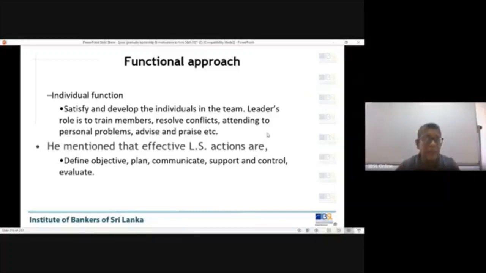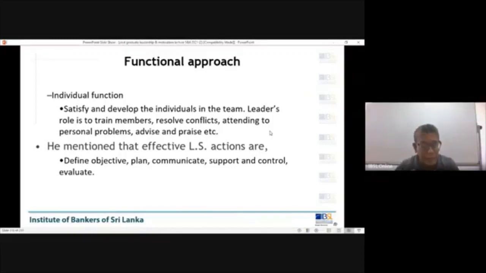And the third, we call the individual function. Now, while supporting the group activity, cohesiveness, and things like that, he also looks at the individual needs. So here the leader's role is to train the individual members, resolve their conflicts, and maybe attend to their personal problems, advise, praise, or whatever, right? So the leader here attends to personal issues.